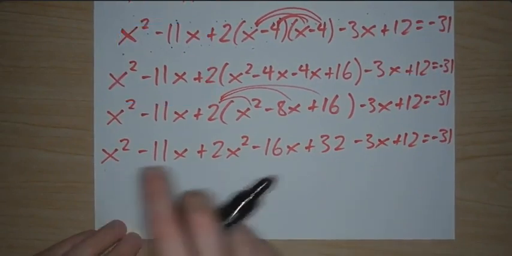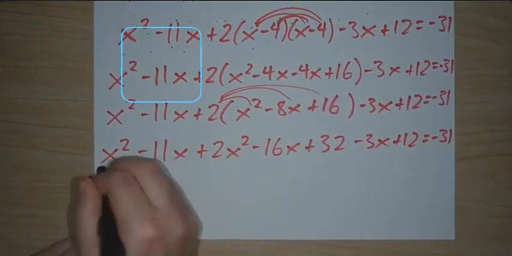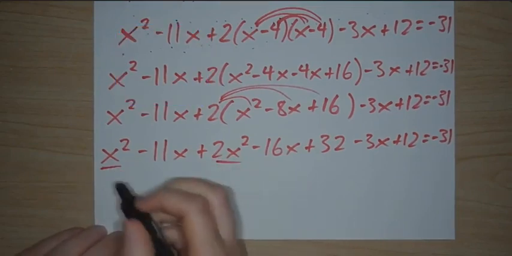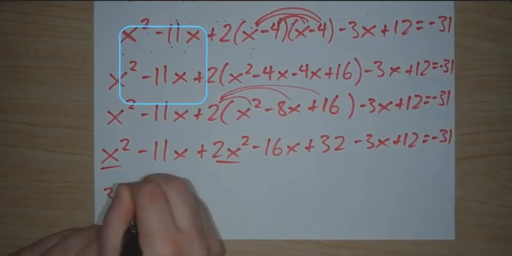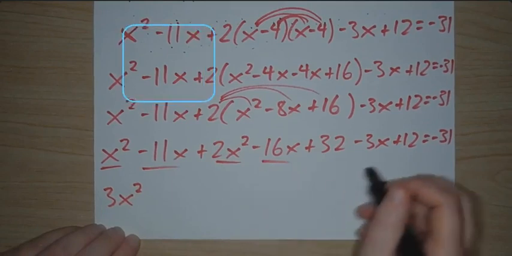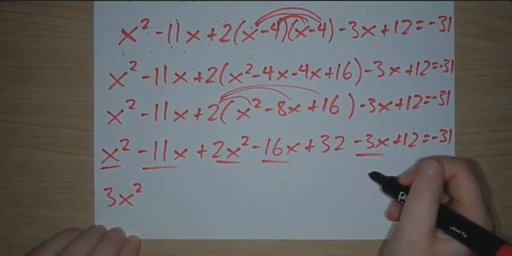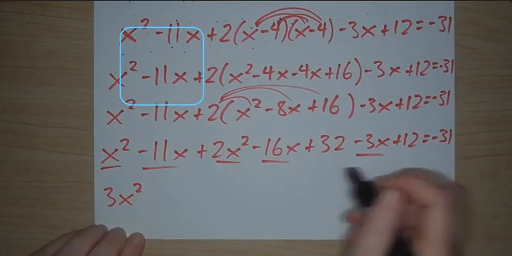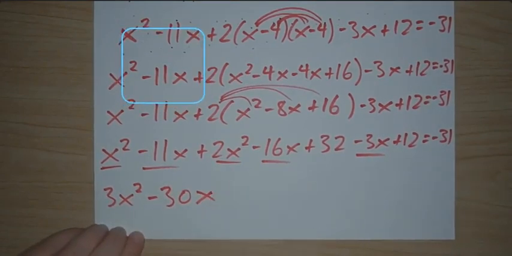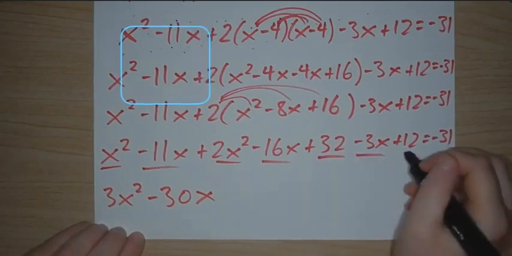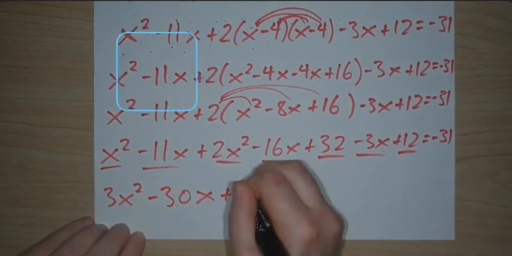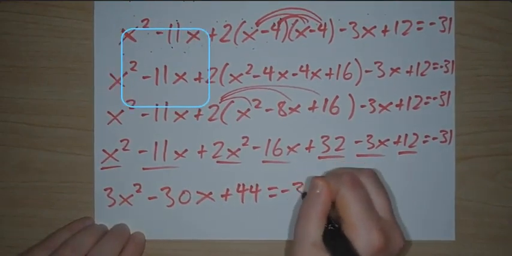I notice we have an x squared term here and here, so x squared plus 2x squared is 3x squared. Next, negative 11x, negative 16x, and negative 3x add up to negative 30x. Then 32 plus 12 is positive 44, equal to negative 31.